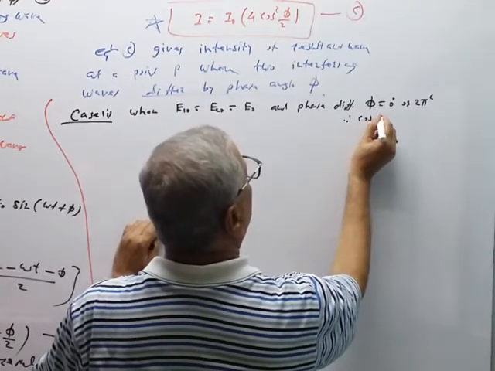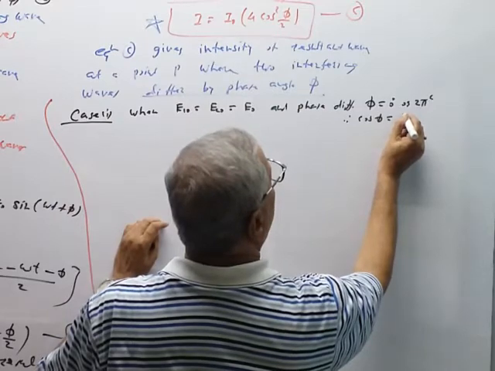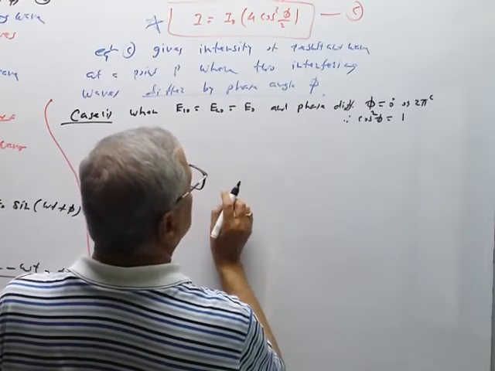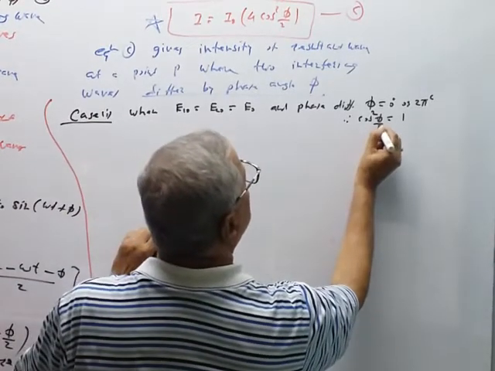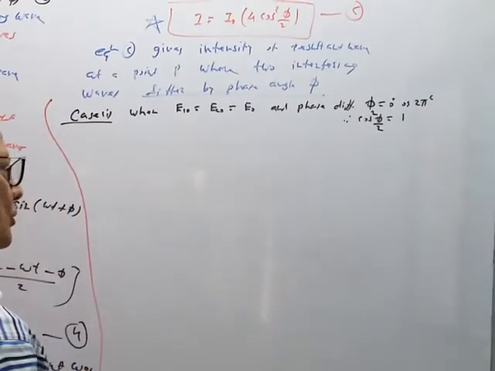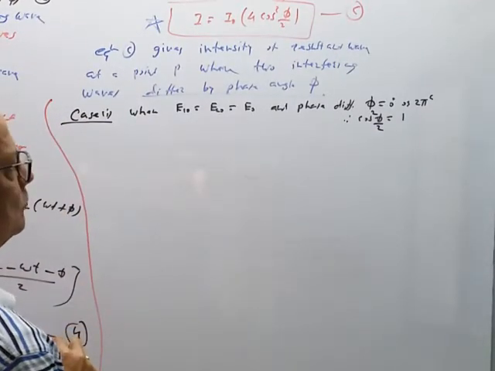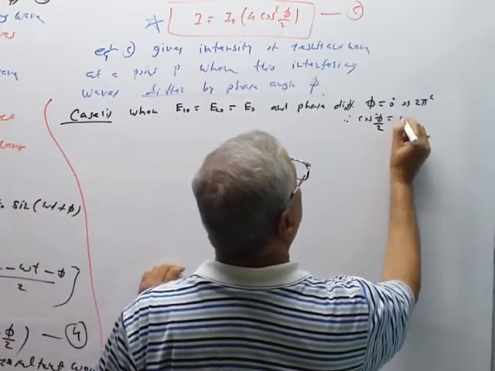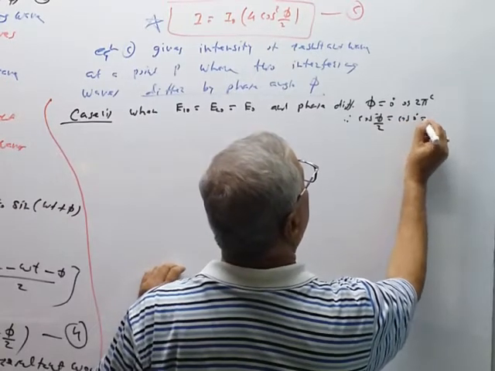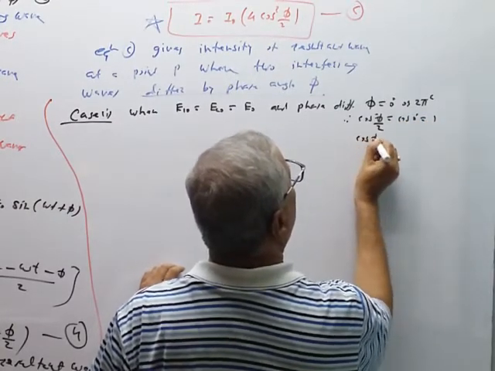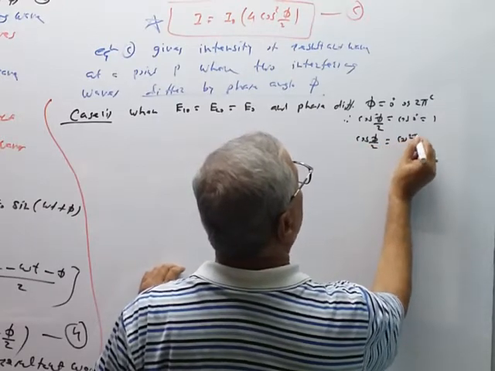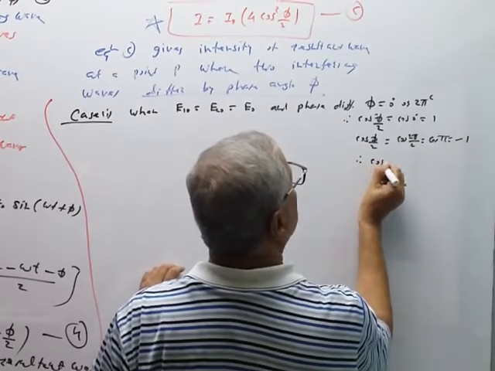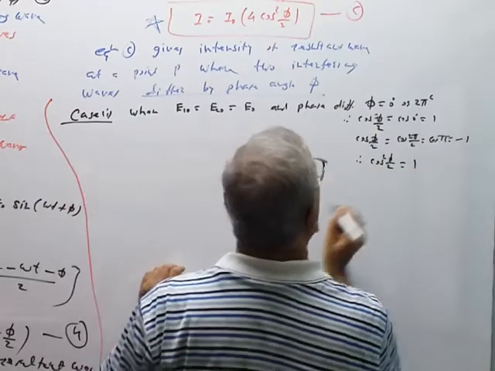Therefore cos of phi is equal to cos of 0, which is 1. Cos of phi by 2 is equal to cos of 2 pi by 2, that is cos of pi, which is minus 1. So in both cases cos square phi by 2 is equal to 1.